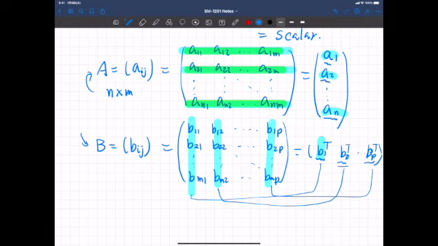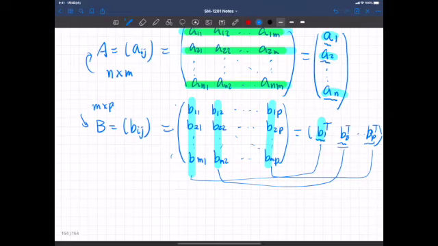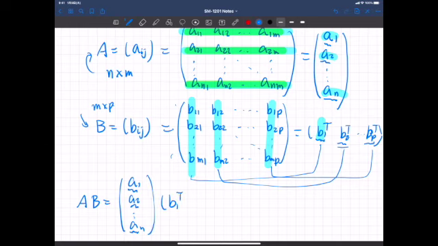Okay, so the number of columns in A is m, and the number of rows in B is m. So we can multiply them. So if we calculate A times B, this means A1, A2, An, times B1 transpose, B2 transpose, and BP transpose.